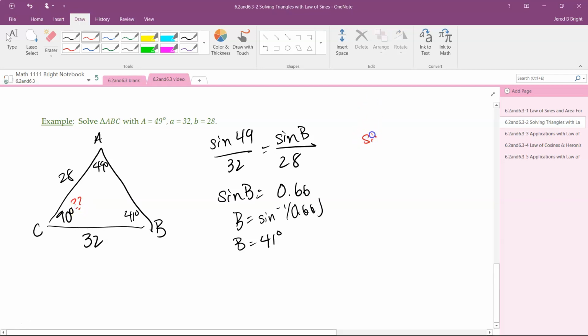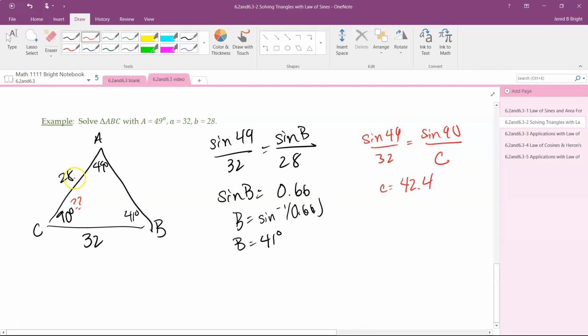We'd say sine of 49 over 32 is equal to sine of 90 over sine length C, and sure enough, we do get a nice value here. This ends up being C is about 42.4.